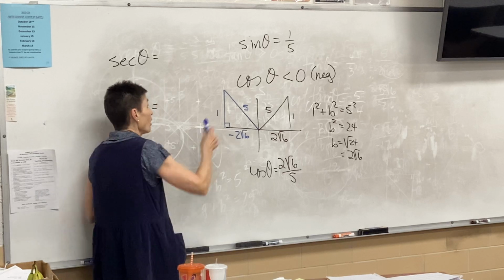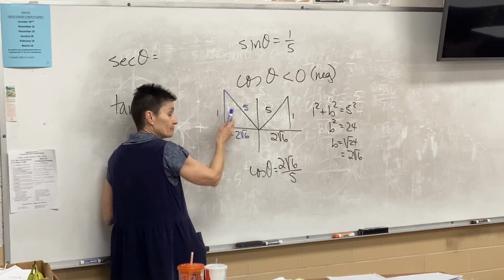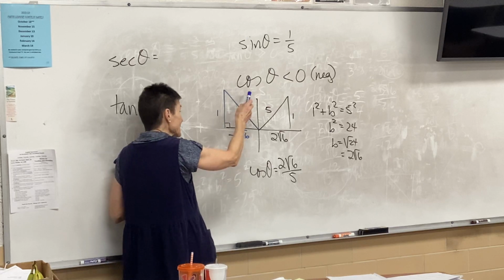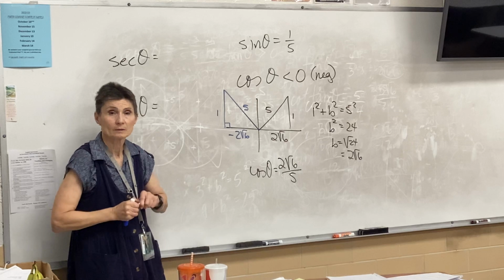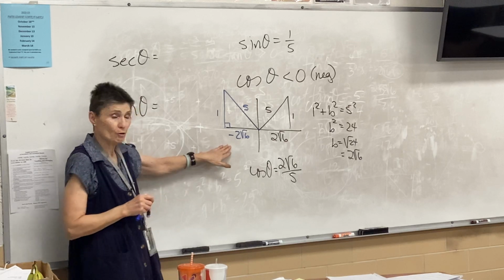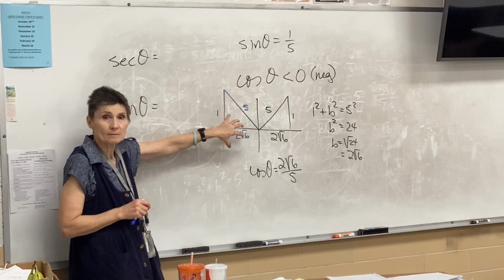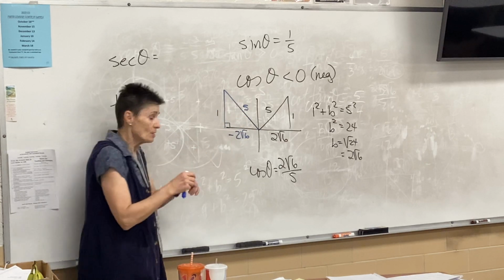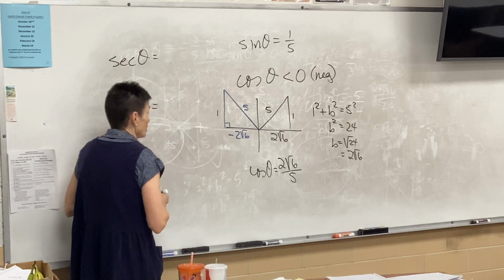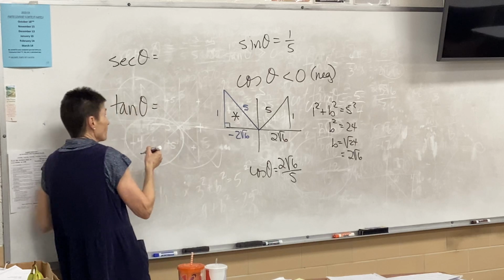So we needed our sine to stay positive, which it is, but we needed our cosine to be negative. So the blue triangle, I hope you can see the colors, this triangle right here is the picture for the problem.